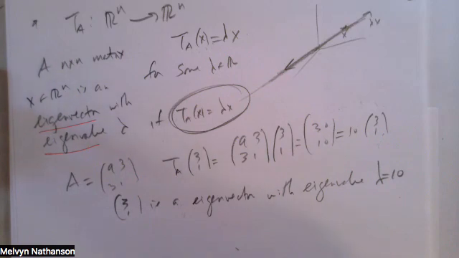That's all there is to it. All right. And in a few weeks, we're going to be spending a lot of time studying eigenvectors and eigenvalues. But it's just important to get to see what they are early on.